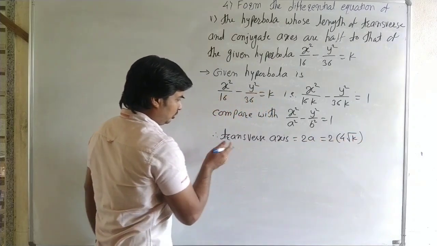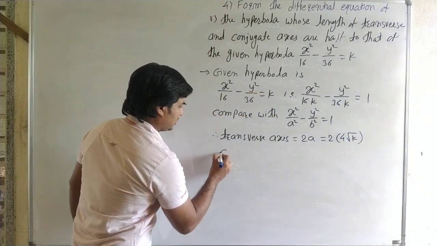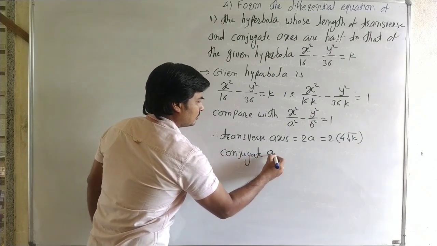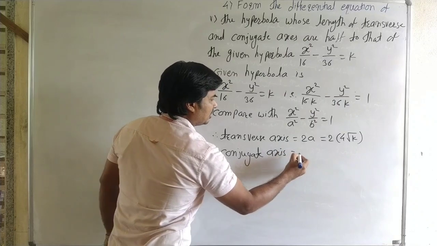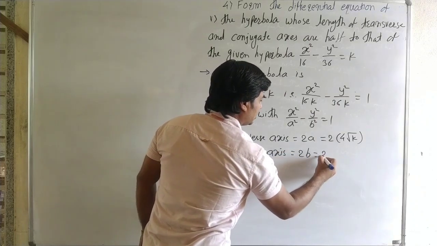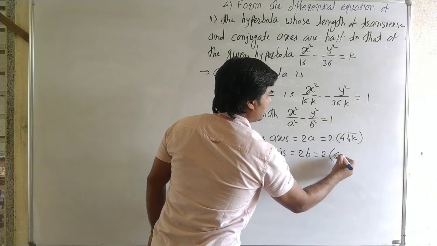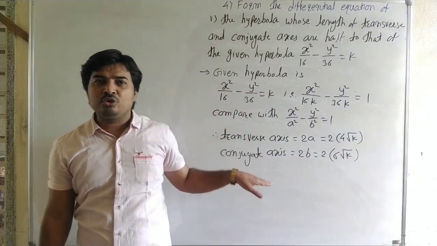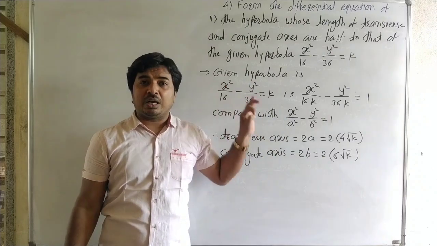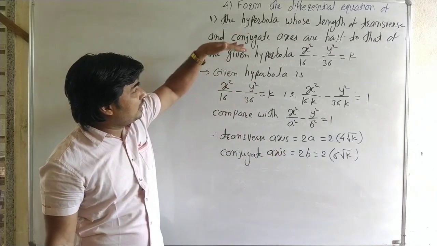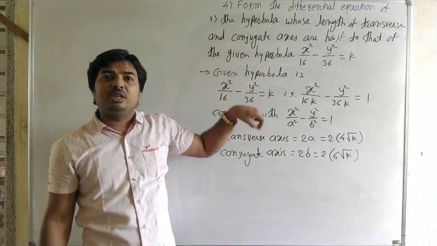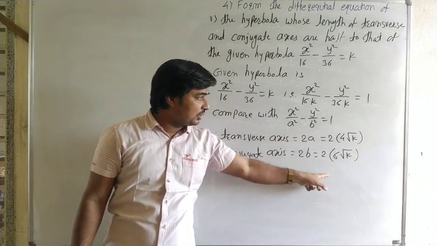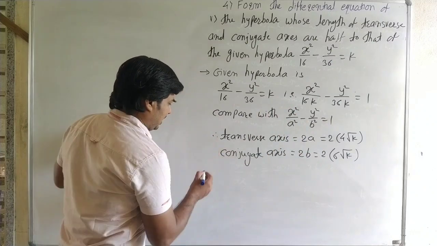It is the length of the transverse axis. And the conjugate axis is 2b, and then it is 2 into 6 into under root k. It is the length of the transverse axis and the conjugate axis of the given hyperbola. But we want to find the equation of the hyperbola whose lengths of transverse axis and conjugate axis are half of this.